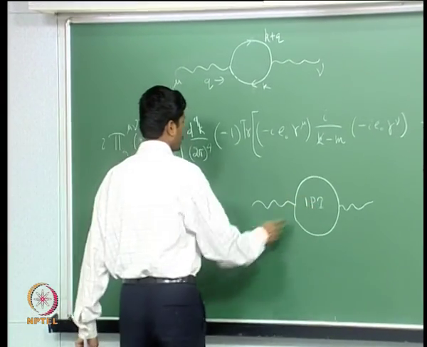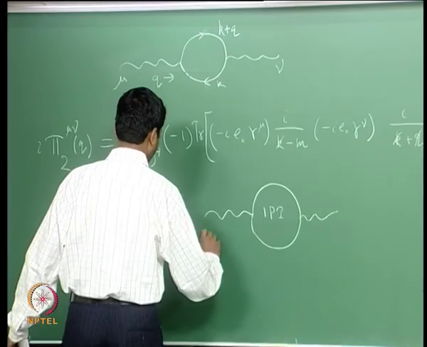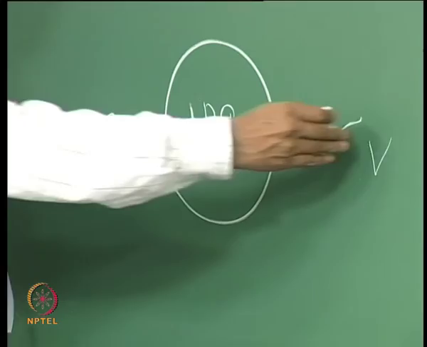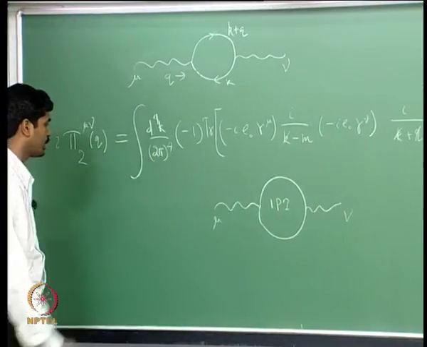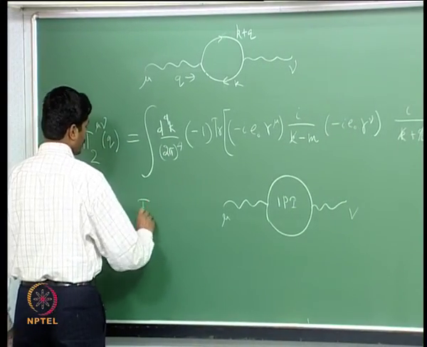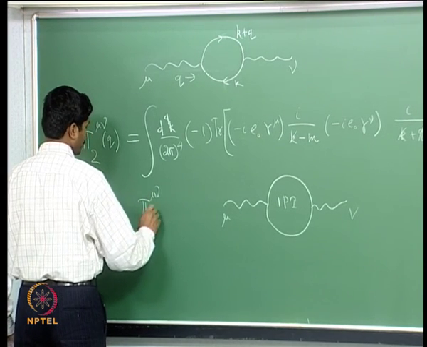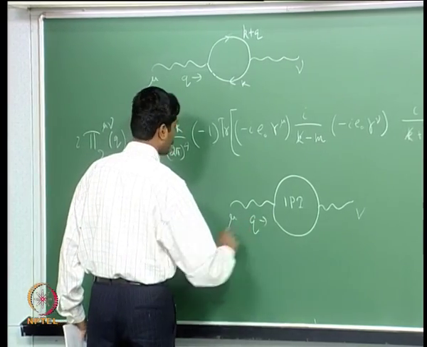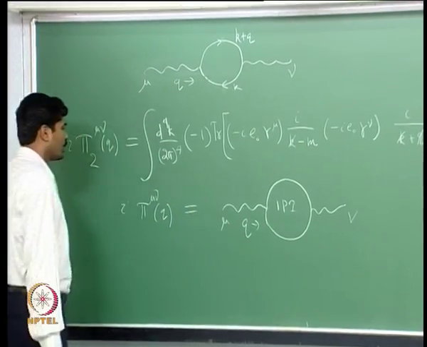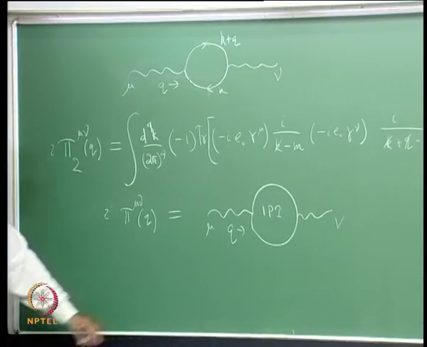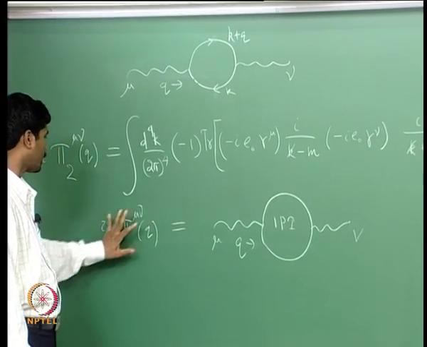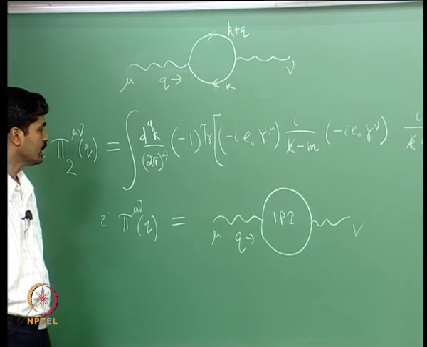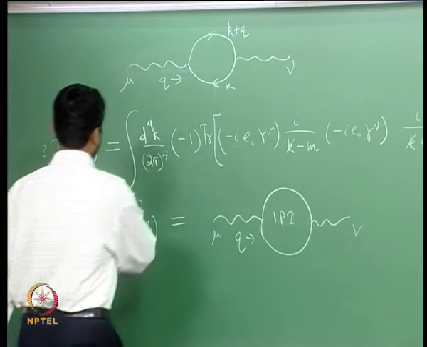The sum of all such diagrams I will denote by this symbol here, and I will define pi^{mu nu} such that i pi^{mu nu}(q), if this is q, is given by the contribution from such a diagram.